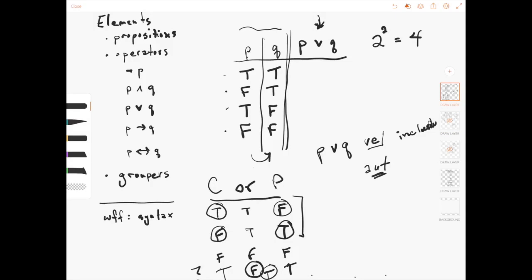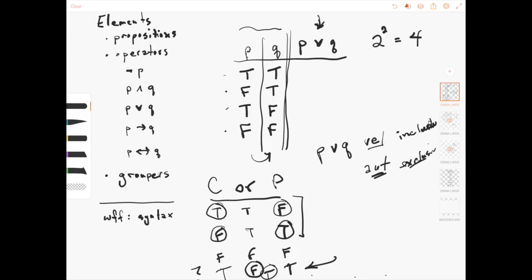This word aut in Latin, or that English word or with inflection, we call the exclusive or, because it excludes the possibility of having both. So with this in mind, we can construct a truth table for this type of or that we're going to use, which is the inclusive kind.